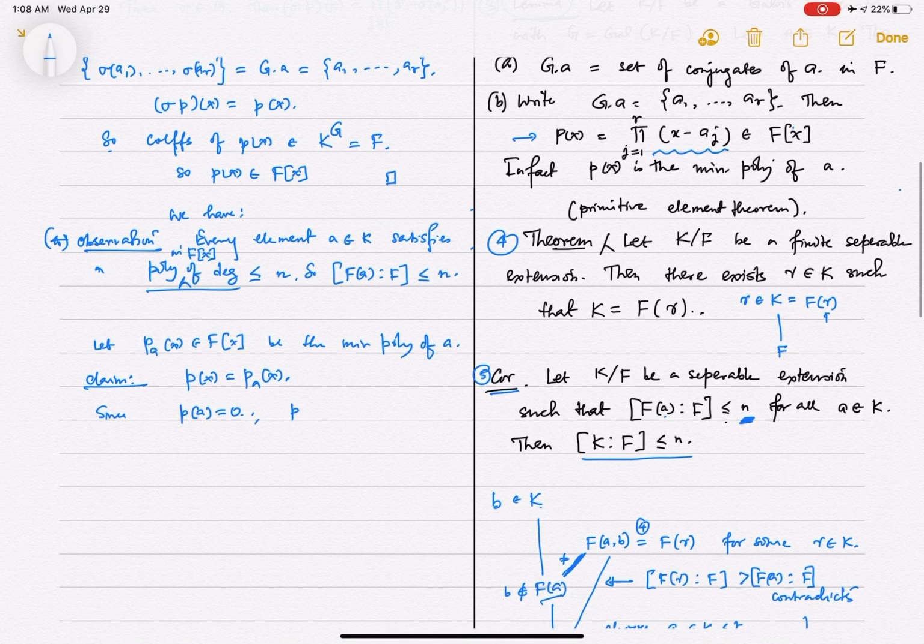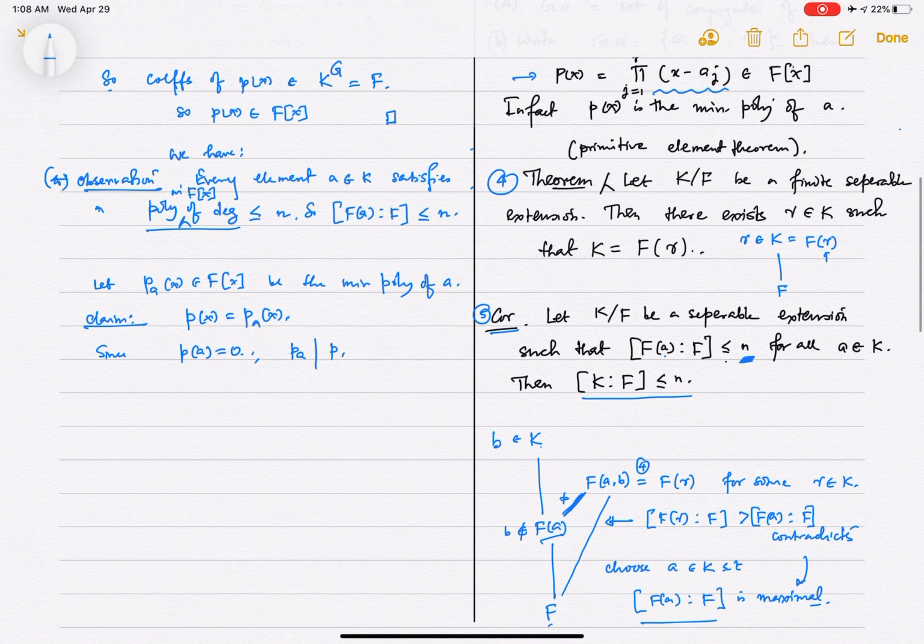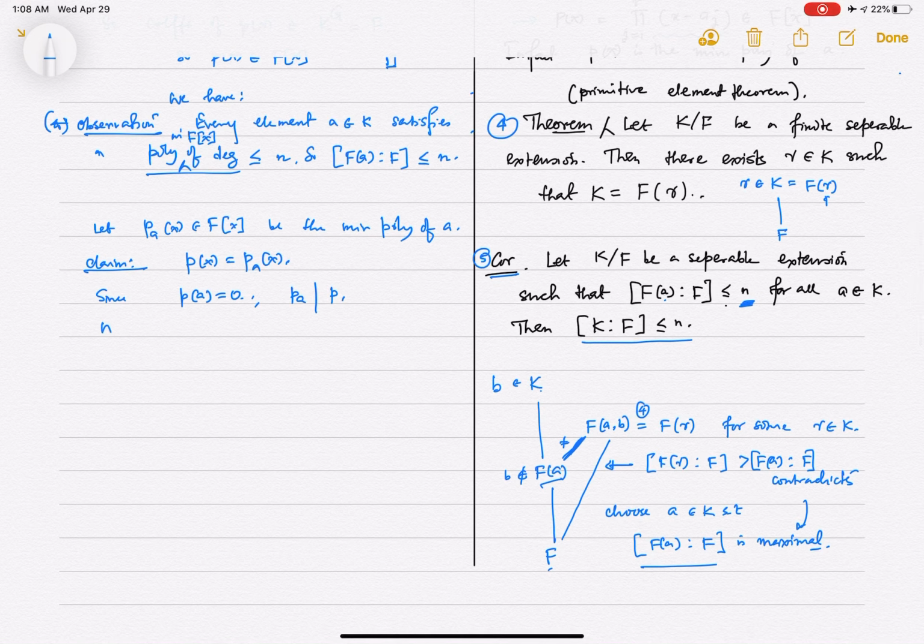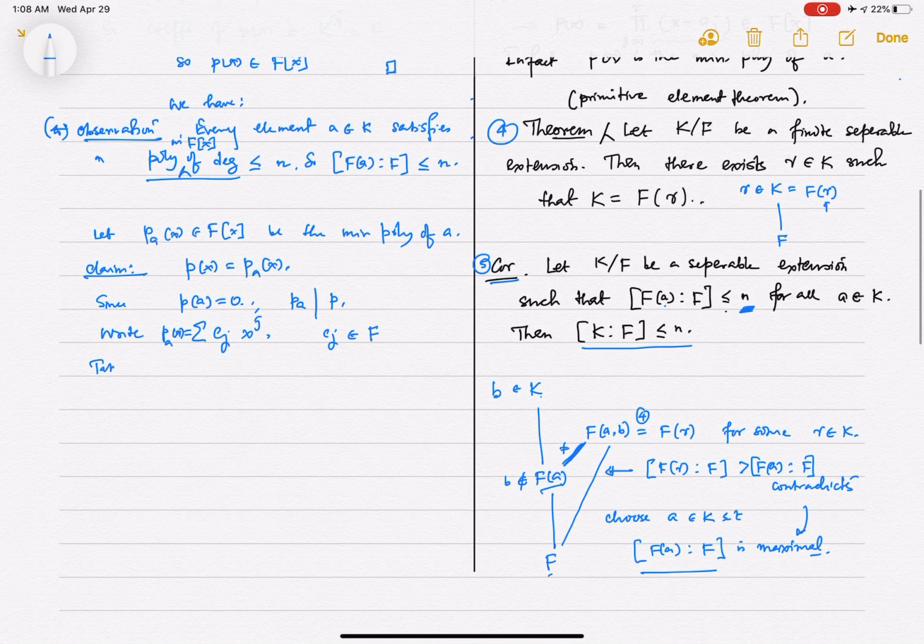So the minimal polynomial divides any polynomial that a satisfies. So p_a divides P. On the other hand, if you write p_a out, these coefficients are in F, and this polynomial also has a as a root. It's the minimal polynomial of a, after all.